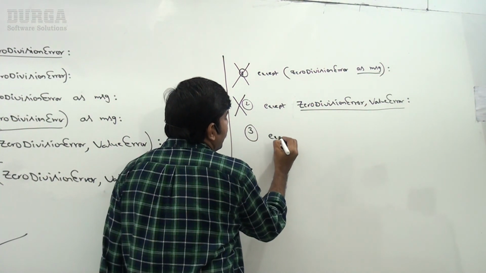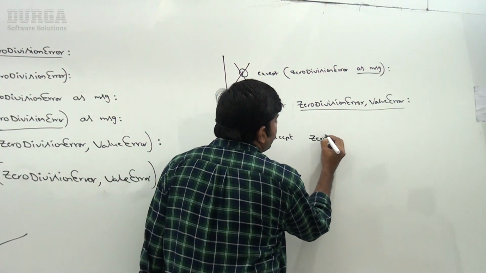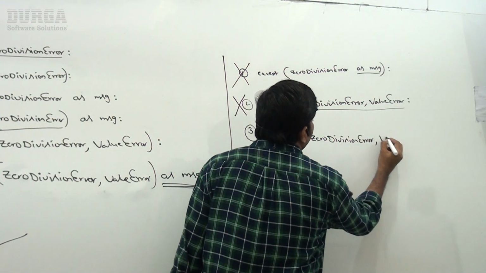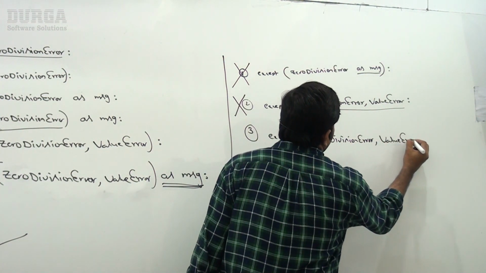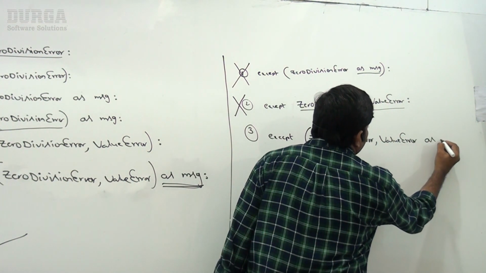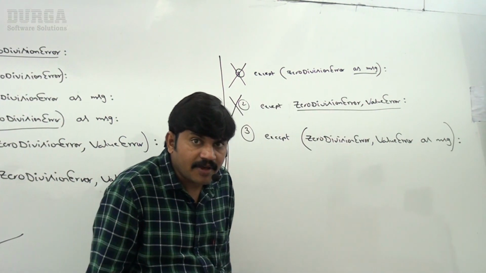Now, if I write like this, except ZeroDivisionError, comma, ValueError, as message, like this I'm taking, sir. Can you please confirm, is it valid or not?